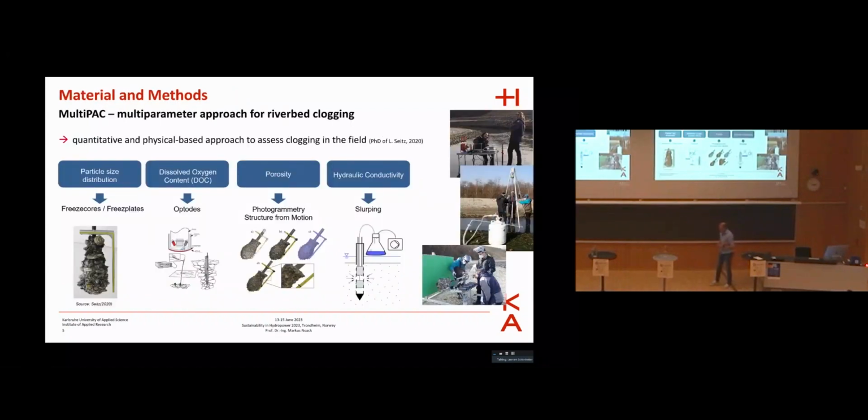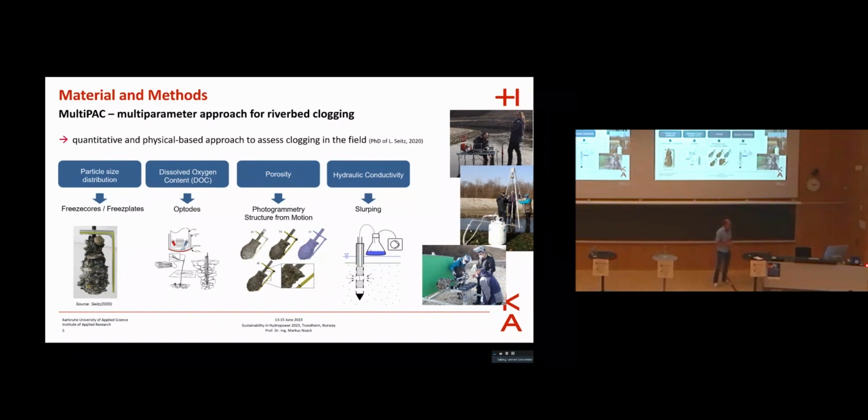So we developed a multiparametric approach to assess riverbed clogging. We call it Multi-PAC. And one important thing about this approach is that it's a quantitative and a physically based approach. So we are not working with some qualitative data like class 1, class 2, class 5, and so on. We really want to have physically based values.